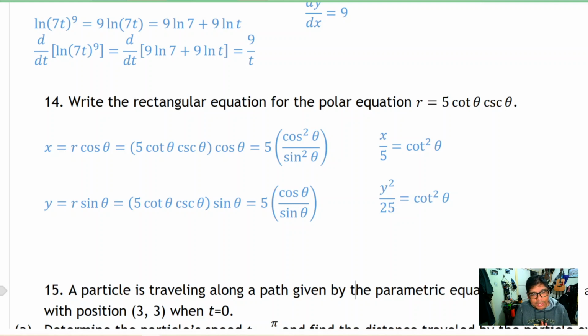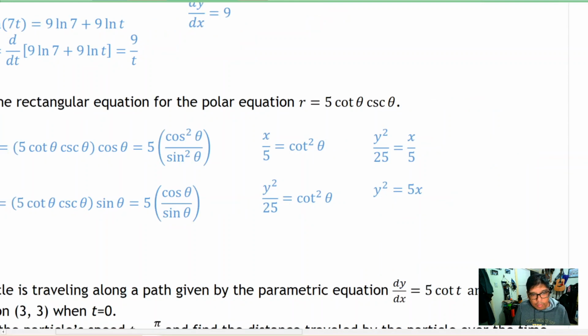Now you might be saying, so what? Well, x over 5 is equal to cotangent squared theta, and y squared over 25 is equal to cotangent squared theta. So y squared over 25 is equal to x over 5, or just y squared equals 5x.